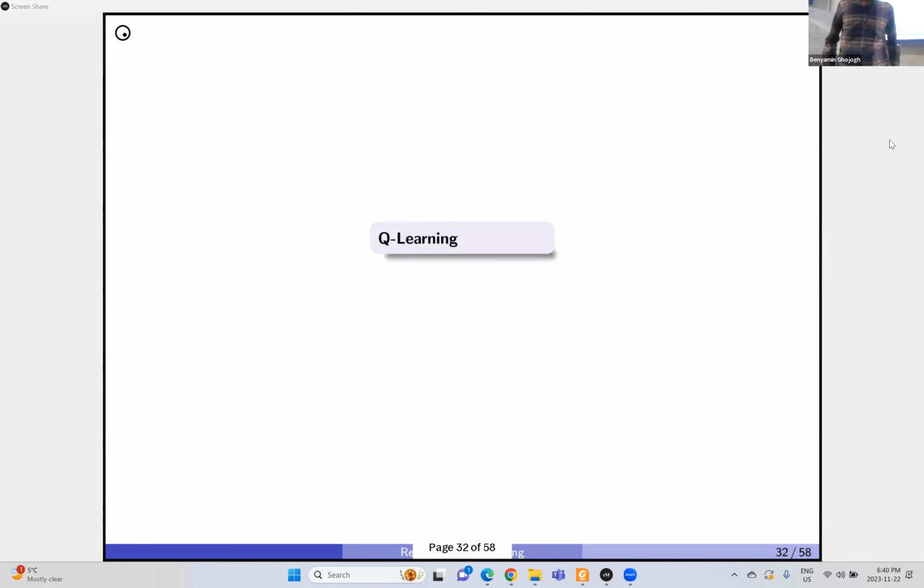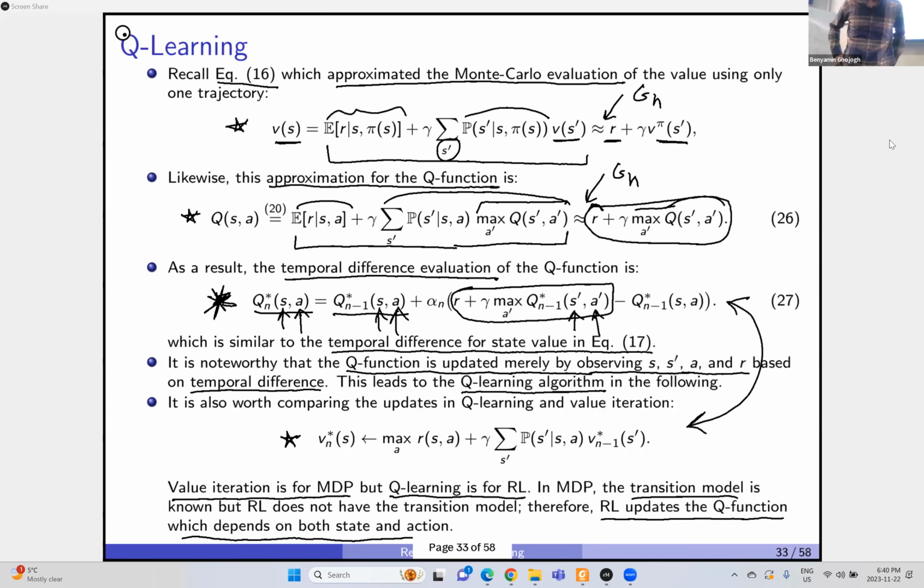Then we talked about Q learning. What did we say? Do you remember, this was the Bellman equation for V value, right? And then in temporal difference, we approximated the Bellman equation using one sample. So it became like this, right?